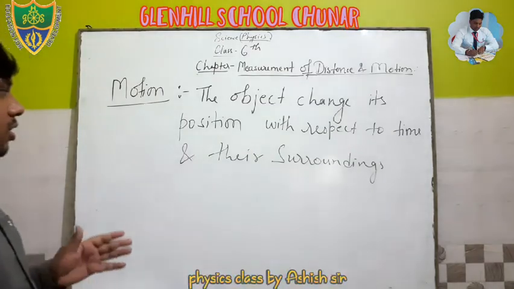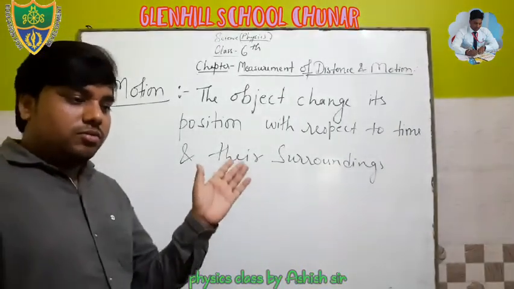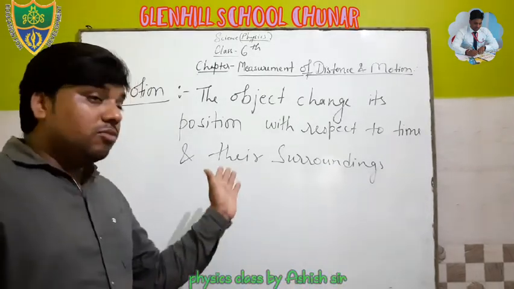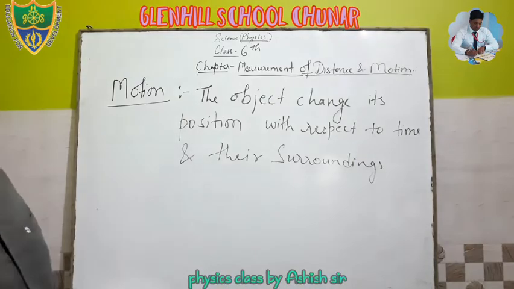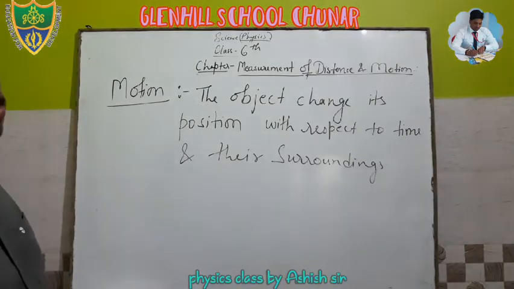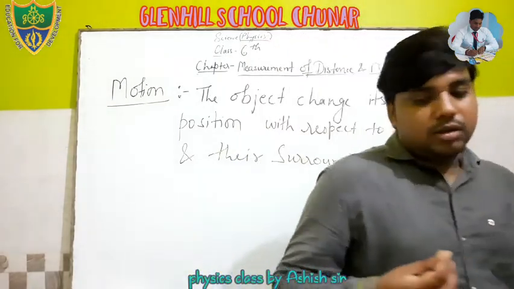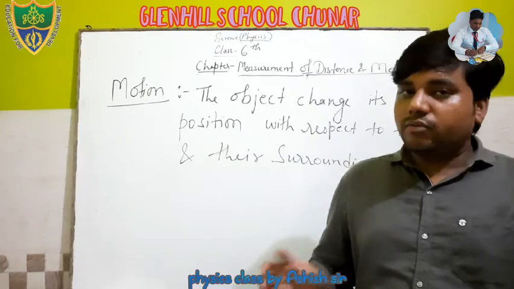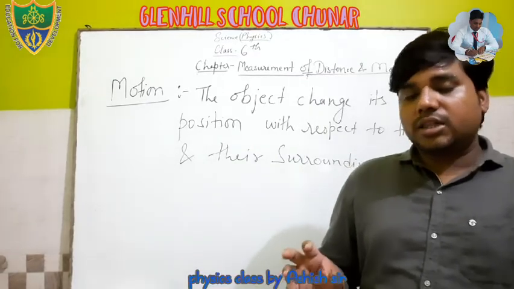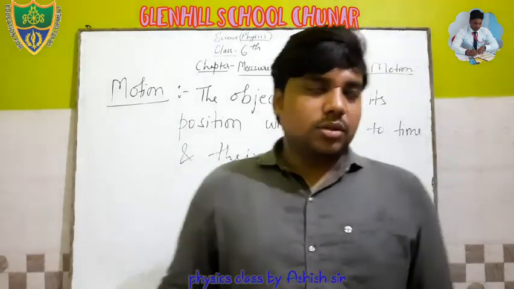So you are at rest with respect to the train, but you are in motion with respect to the surrounding or outer side of the train. So that's why we say that nothing is in absolute rest, and nothing is in absolute motion. Clear? Okay.